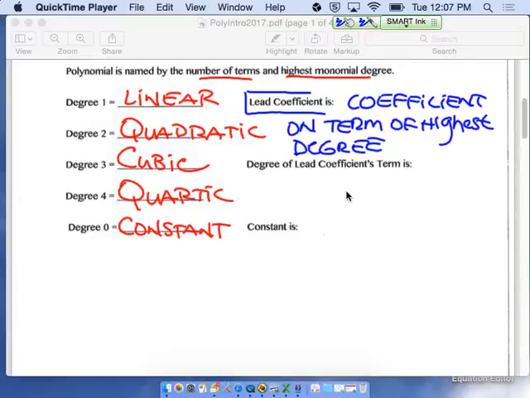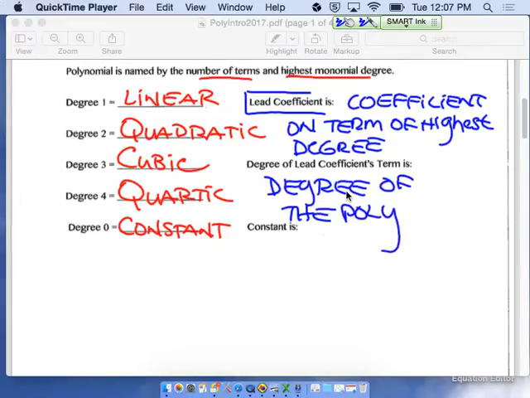The degree of the lead coefficient's term is the degree of the polynomial. And the constant is the term without a variable.